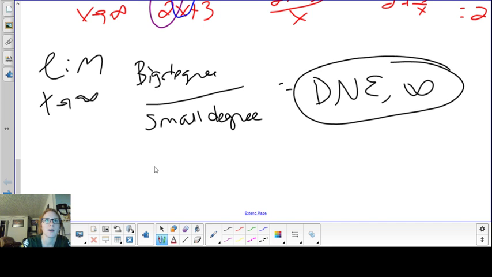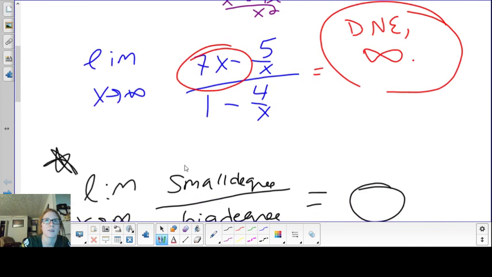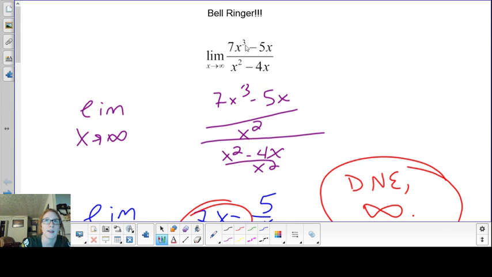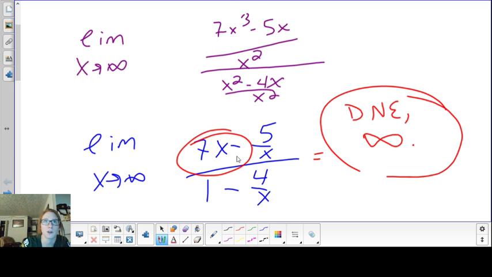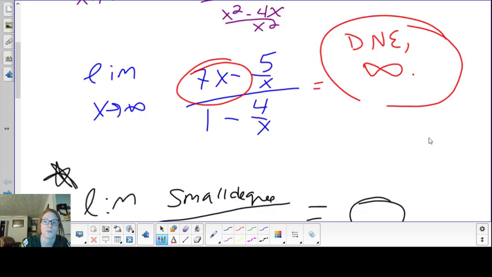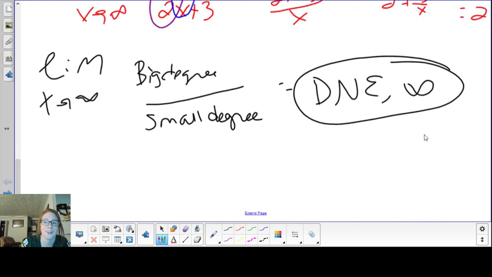The reason being is just look at my bell ringer. The 3 was bigger than the 2. I will always get a term on top, whether it's the first term or the second term, it doesn't matter. I will always get a term that approaches infinity that will cause this to not exist. So those are the 3 different types.